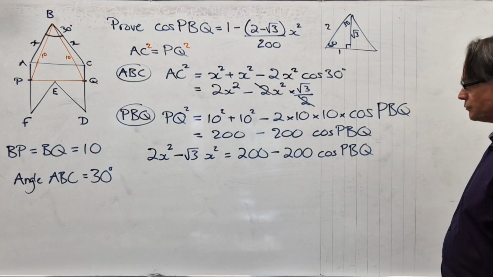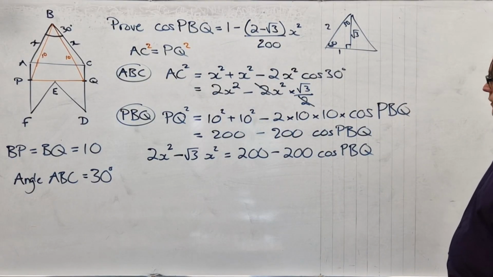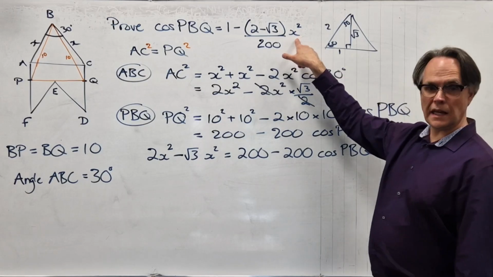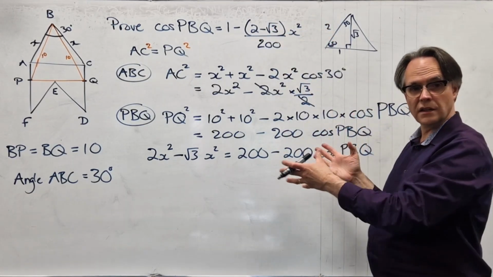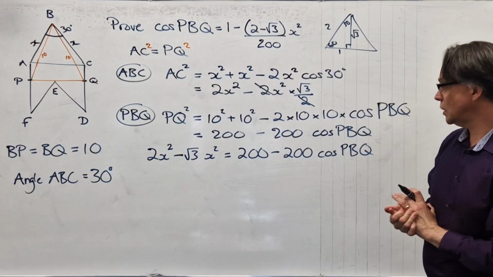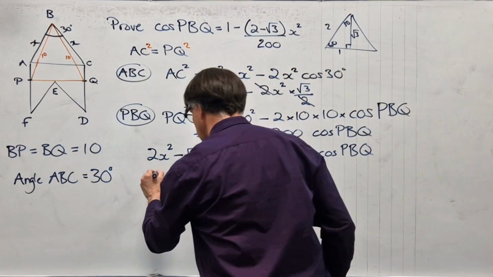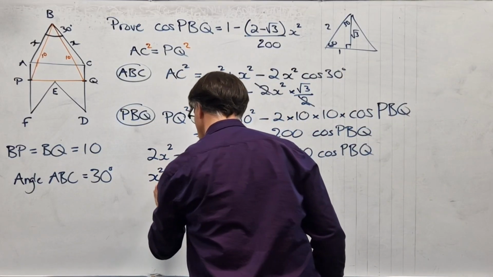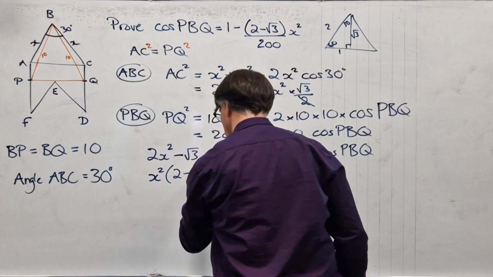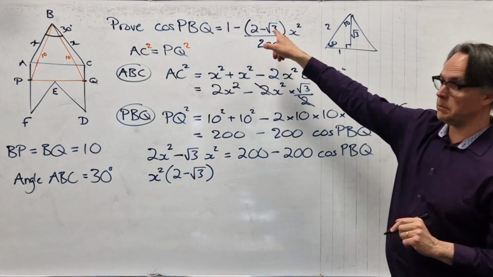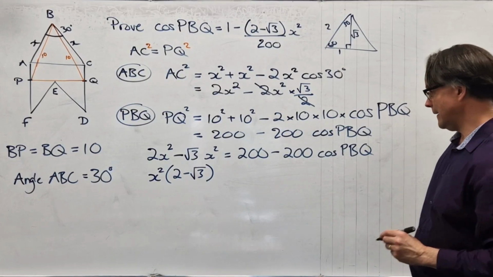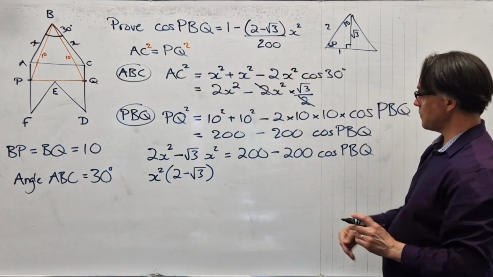Let's see. Right, so see the x squared is outside of the bracket. You use the thing that you're trying to make as a guide as to what to do. So if I take x squared out here, I've got that. You can see we're making this thing. Now the 200 is separate.